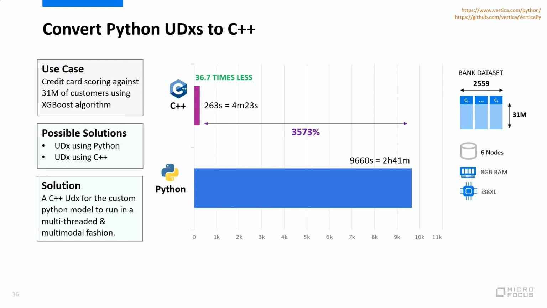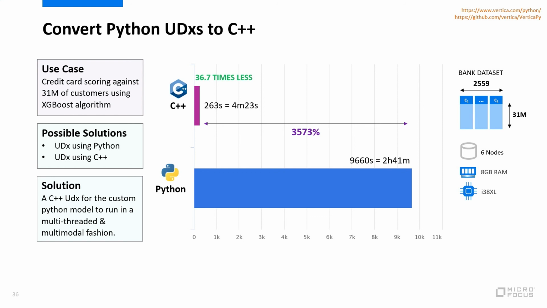And at that time, we did not have PMML, for example, to import it. And now we have. And we wanted to use a user-defined function. And we know that Python UDxs are much less performant than C++ UDxs, specifically when doing scoring. So one idea can be to develop a Python UDx, see if the results are matching, and then try to write the C++ code of this Python UDx. That can be an idea.